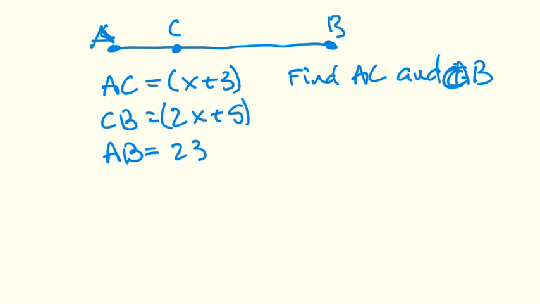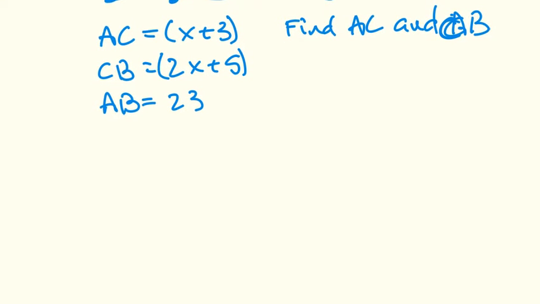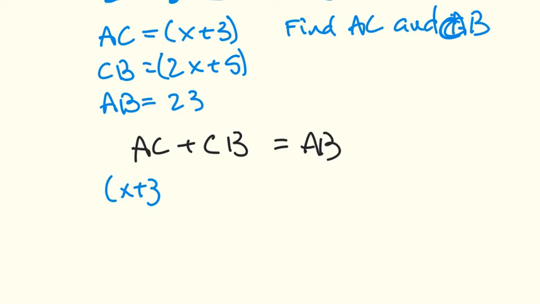All right. So here we set it up. We start out the same way as we did before. We're going to say that AC plus CB equals AB. We're going to replace AC with x plus 3.